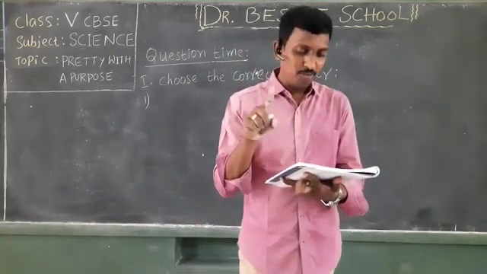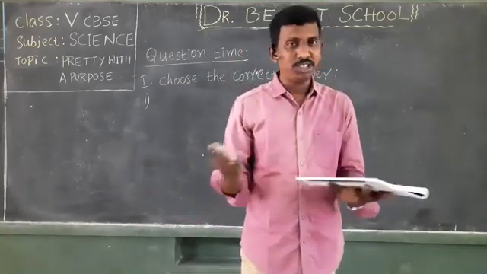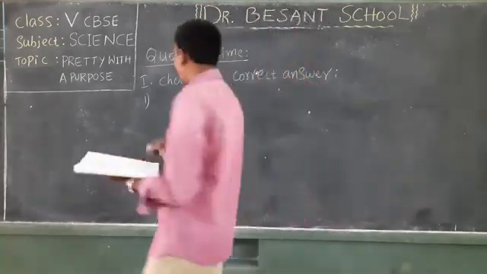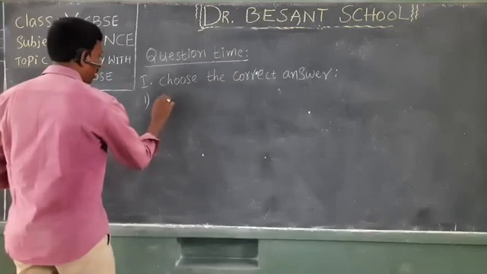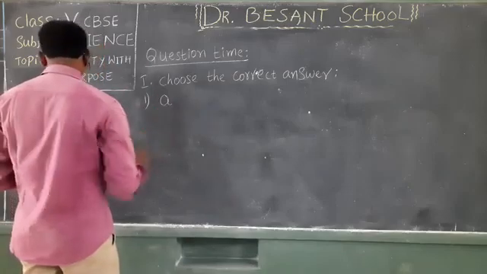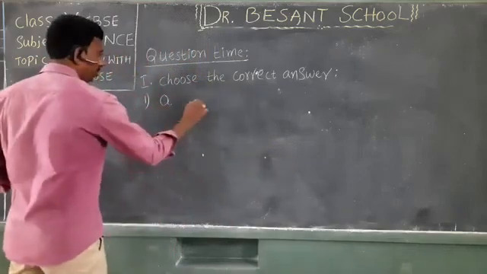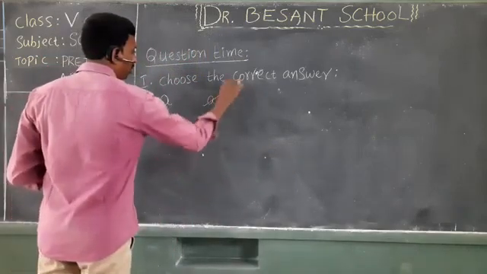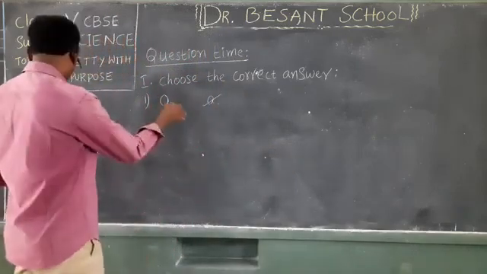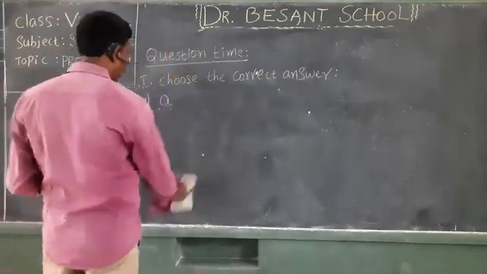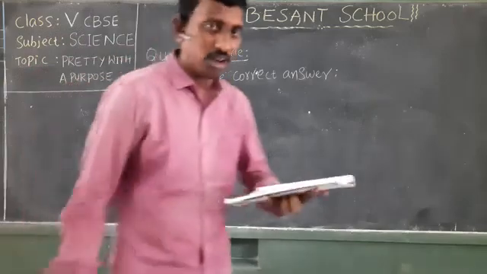A. The transfer of pollen grains from anther to stigma. Yes, that is called pollination. So for the first one, what is the answer you can write? Option A. You can put a tick mark for A. Or you can write at the end of the question, you can write it as A. Select any method of writing.